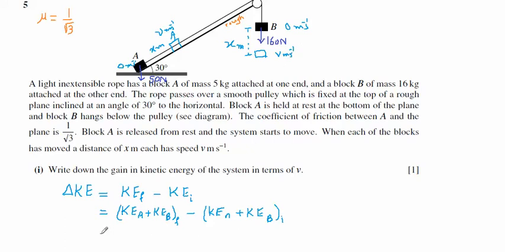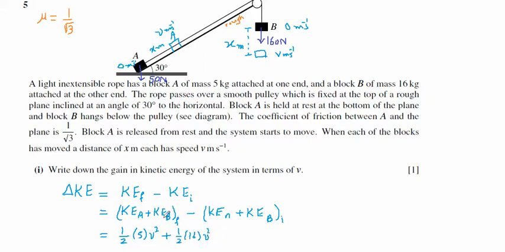So the kinetic energy of A will be half the mass of A, which is 5, times its speed v square, plus half mass of B times the speed v square.